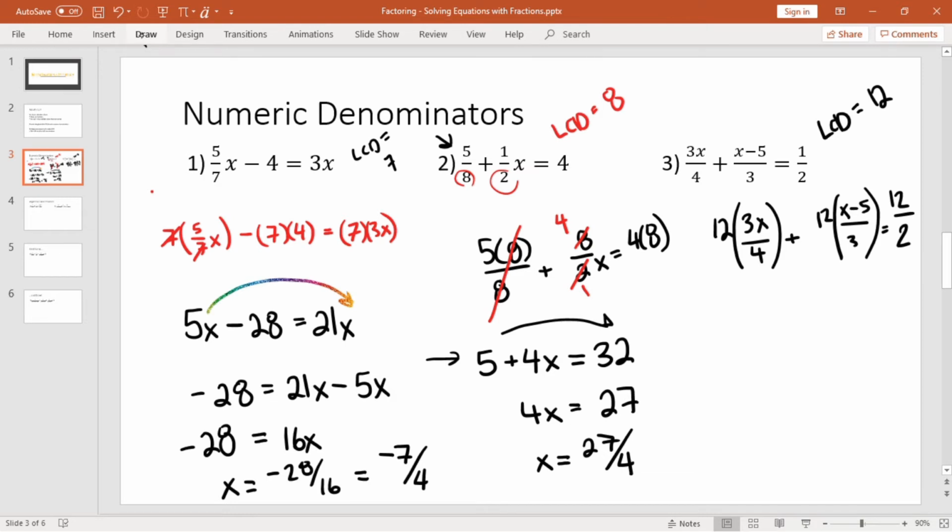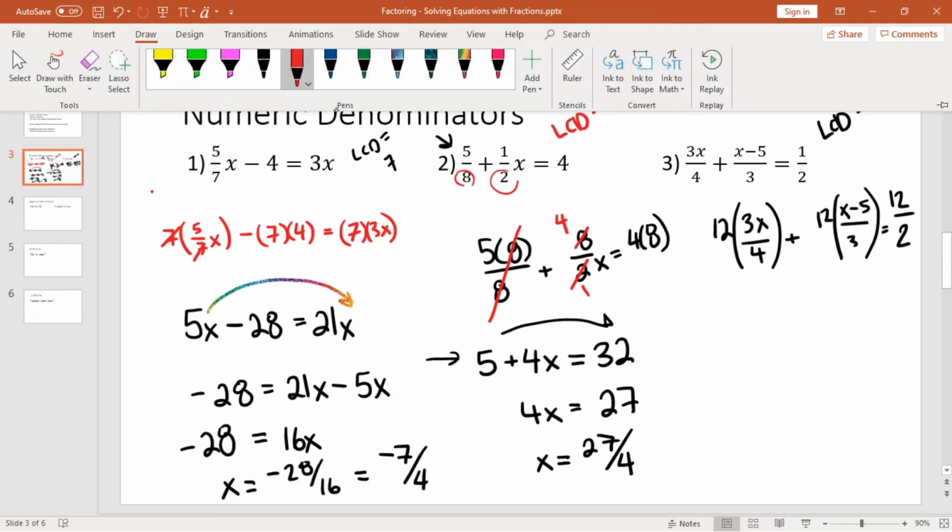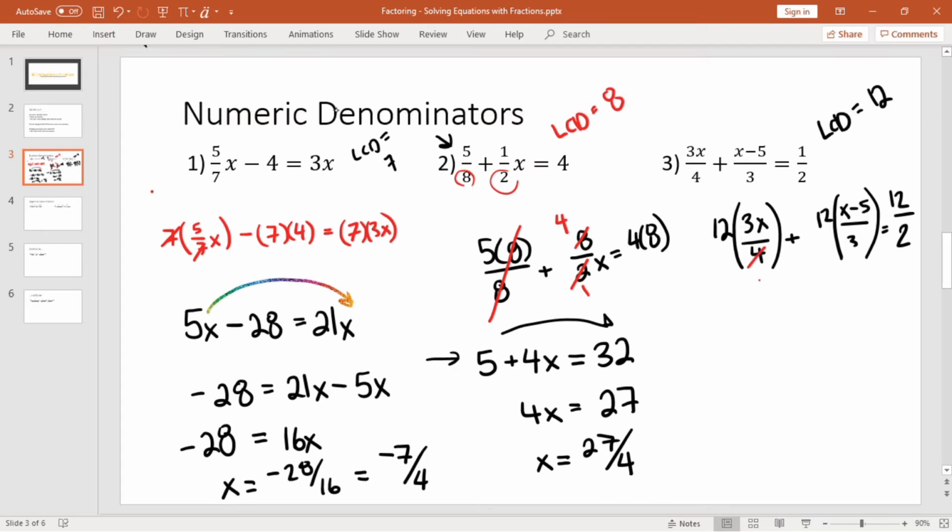Okay, next step, canceling those denominators out. So 12 over 4 is the same as 3 over 1. And 12 over 3 is the same as 4 over 1. And 12 over 2 is the same as 6 over 1.